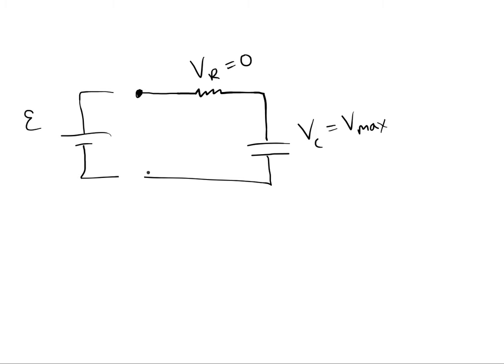Then what we can do is connect a wire from one point in the circuit to another. And if we allow the discharge to happen through a resistor, then this is still an RC circuit.